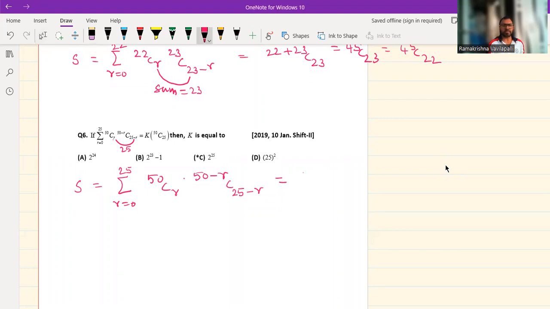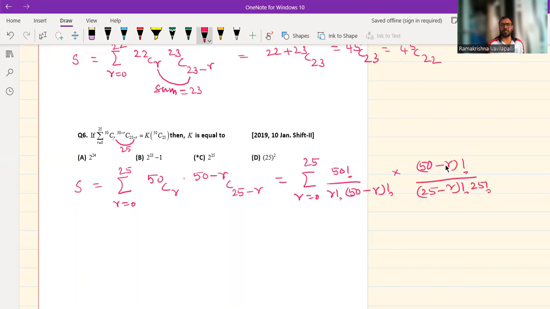Here we have to simplify this expression, sigma r equal to 0 to 25. 50Cr can be written as 50 factorial by r factorial, 50 minus r factorial, into (50-r) factorial whole by (25-r) factorial. 50 minus r minus of 25 minus r is nothing but 25 factorial. So here 50 minus r factorial is cancelled.